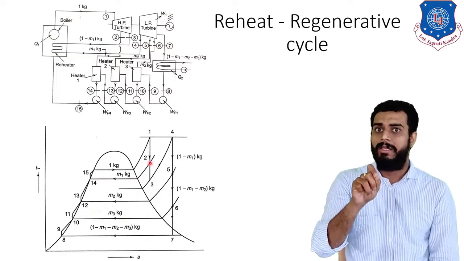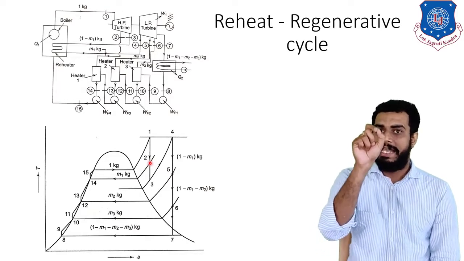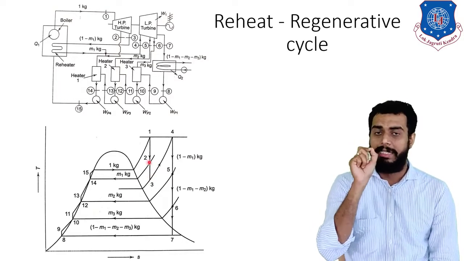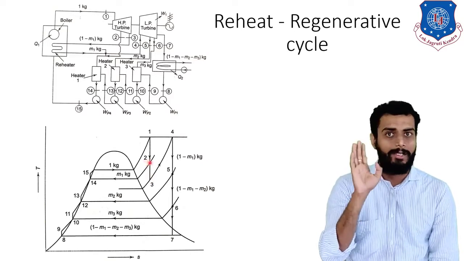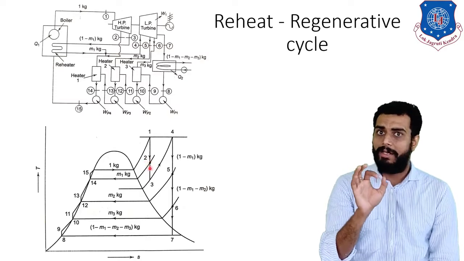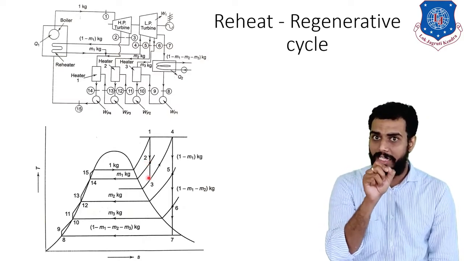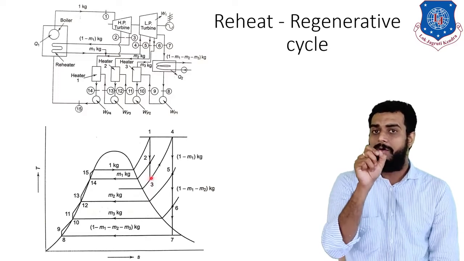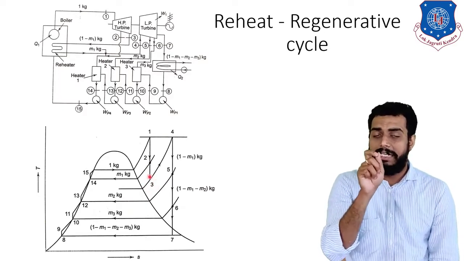Now further what will happen? The remaining steam, that is how much, sir? That is 1 minus m1 kg. That will be expanded in the high pressure turbine from 2 to 3. Clear? Now what will happen? At the outlet of the high pressure turbine, that is at point number 3, now we have 1 minus m1 kg of steam, and we will reheat that.